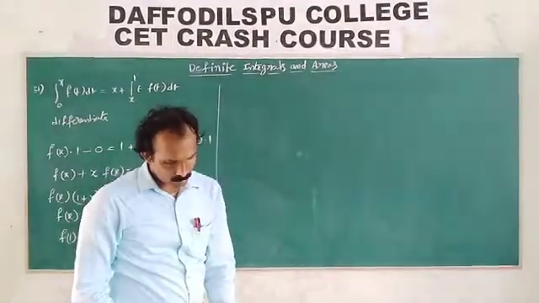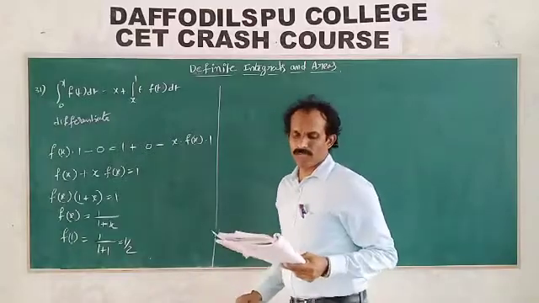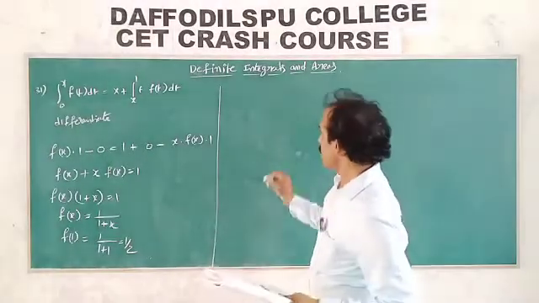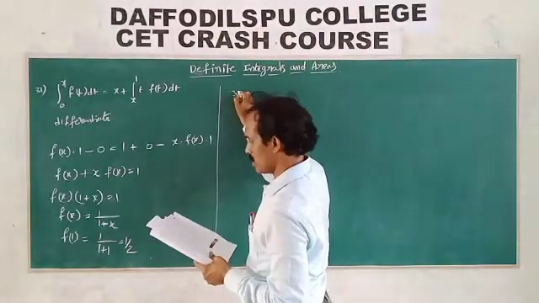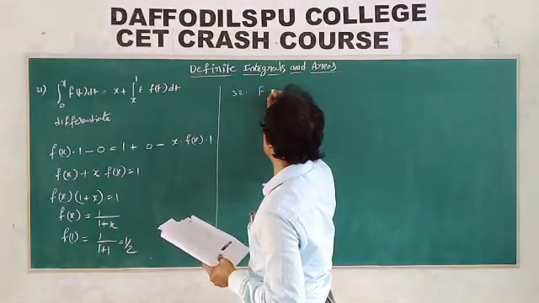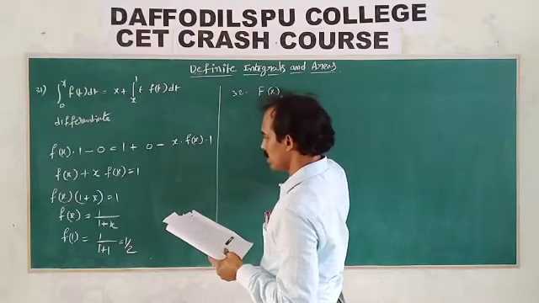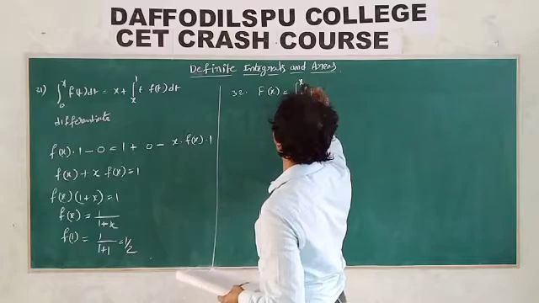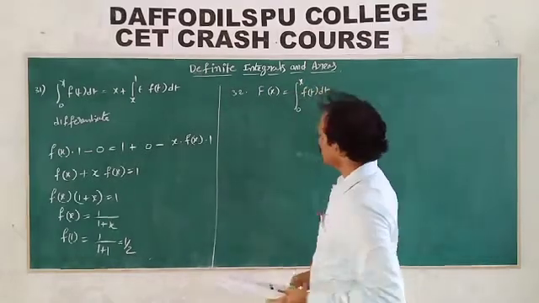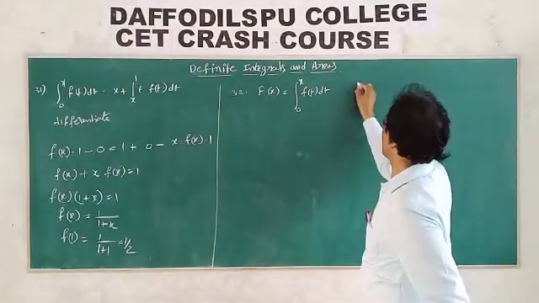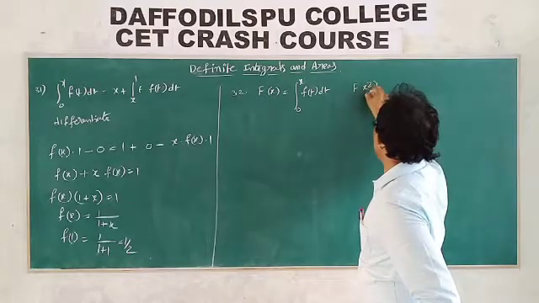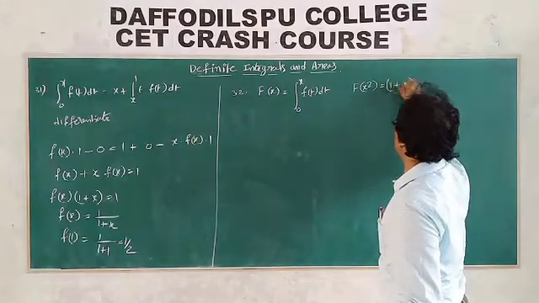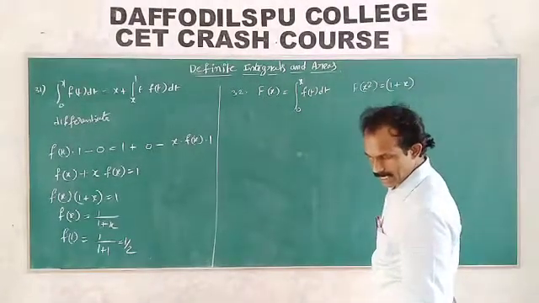Next one, problem 32. Let f be a function from 0 to infinity over the real numbers, and f of x is equal to the integral from 0 to x of f of t dt. And one more function is given, f of x square is equal to 1 plus x.